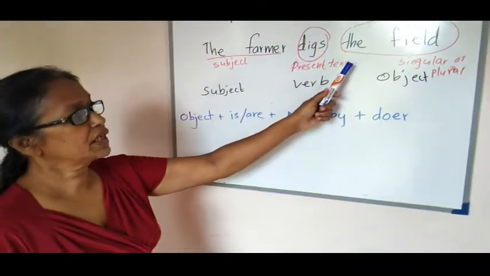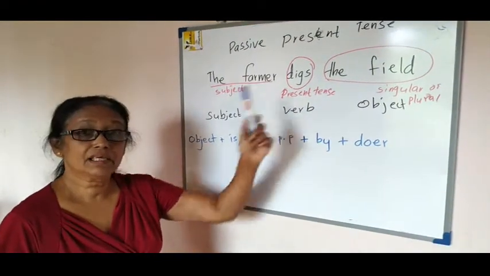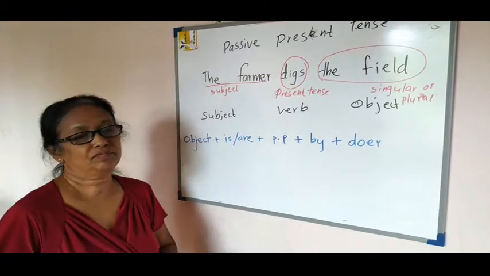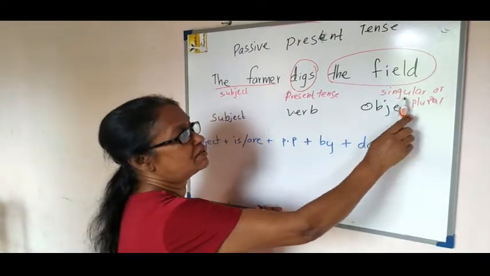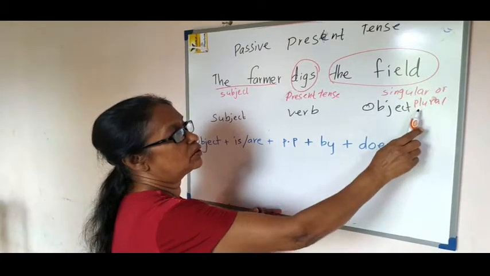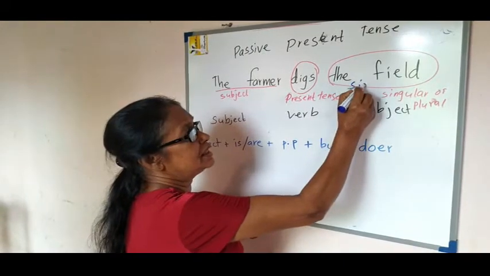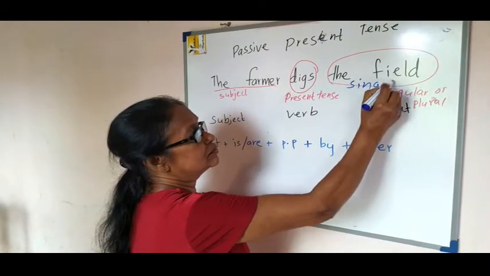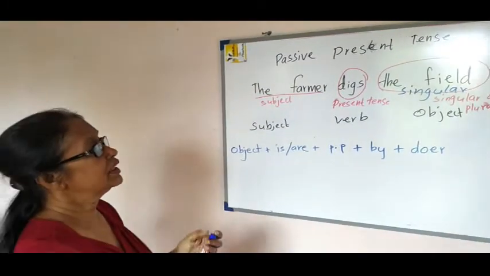Now see the object. You have to see whether it is singular or plural. First thing, circle it, see, I have written singular or plural. Now you have to think: the object is singular. Very easy.